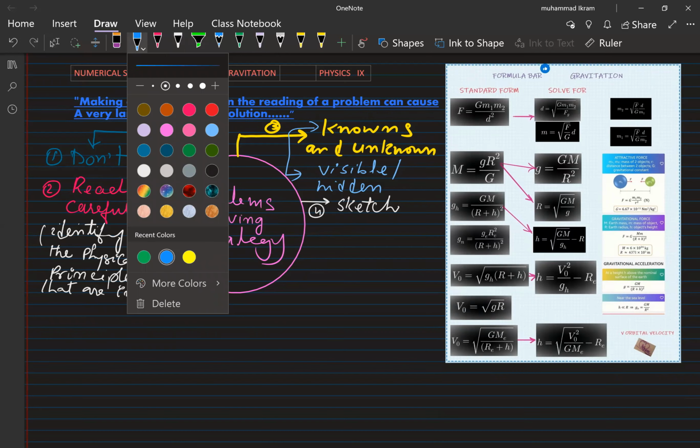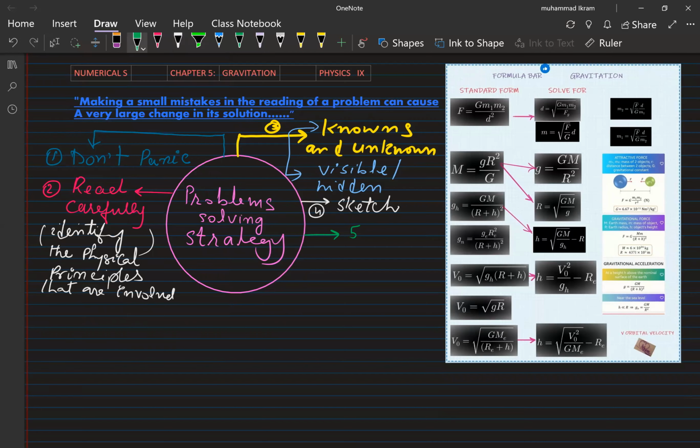The next important point, the fifth point, is unit consistency checking.